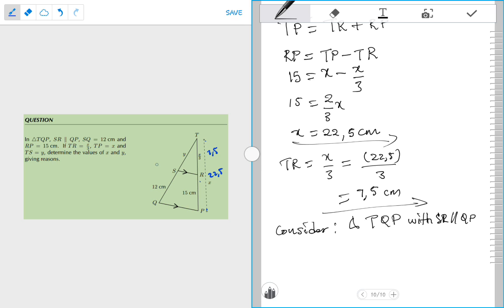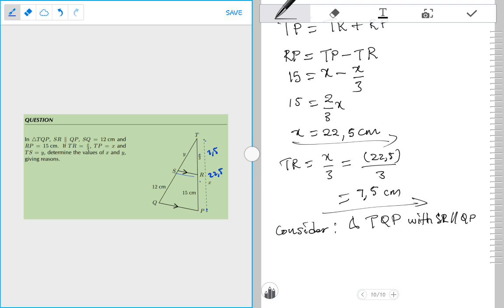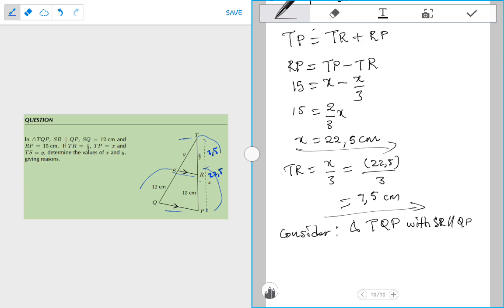Remember, if these ones are parallel, then we will say this one over this one, and this one over this one. We can just play around, like in the last videos, with these triangles. Now we have TS over SQ.